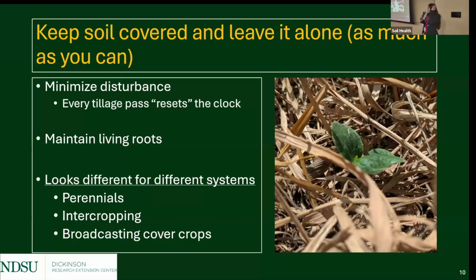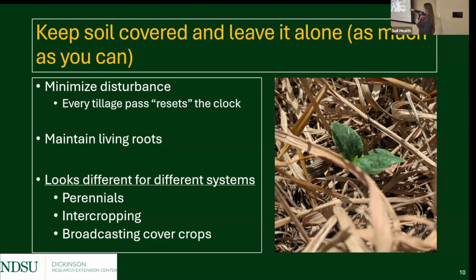So the general consensus, which again, I was asked to keep it very, very general, is to minimize disturbance as much as you can. Every time you do a tillage pass through your field, you're resetting the clock on soil health. You also really want to work on maintaining living roots in the ground. That's not as problematic for the rangeland soils, but in cropland soils, that looks different for you.